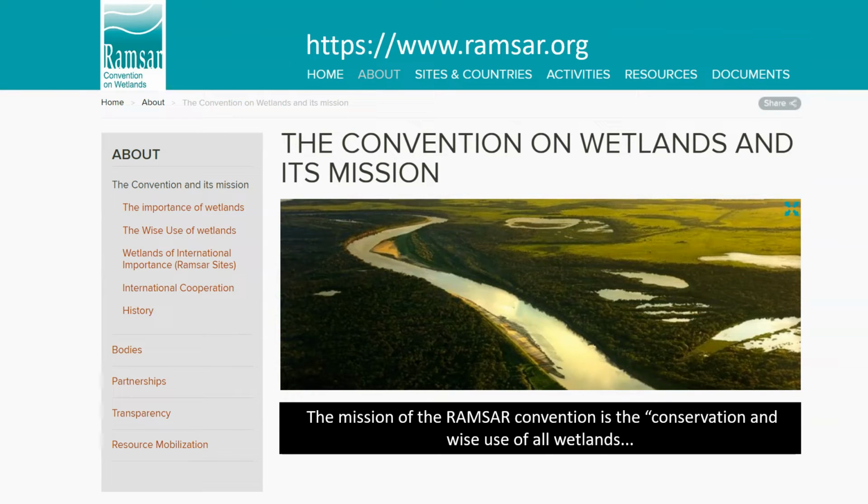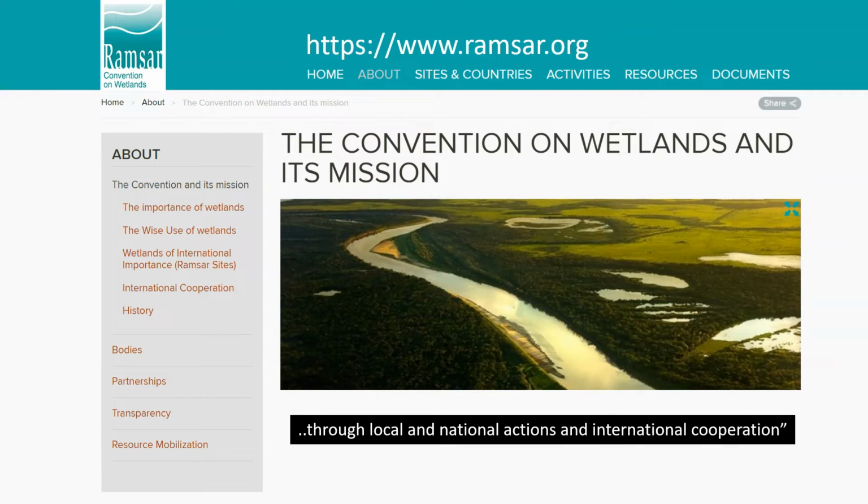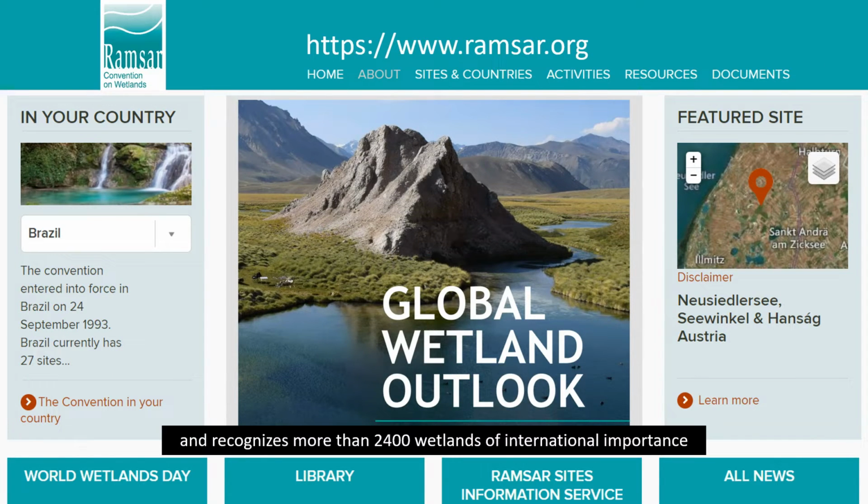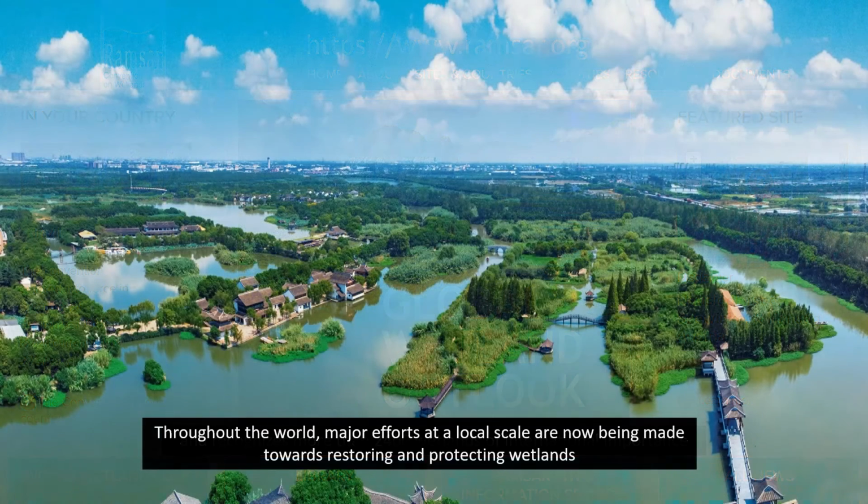The mission of the Ramsar Convention is the conservation and wise use of all wetlands through local and national actions and international cooperation. This intergovernmental treaty now has over 170 contracting parties, and it recognizes more than 2,400 wetlands of international importance.